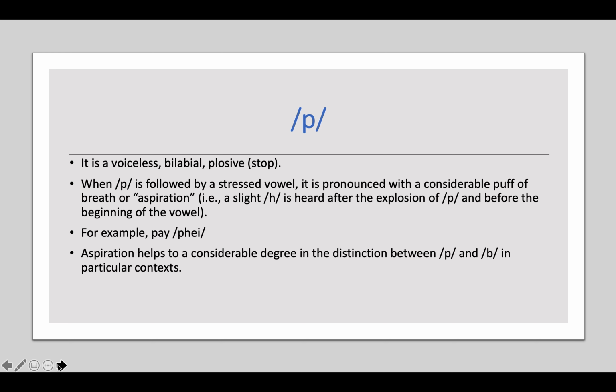For example, if we pronounce pay, it is just like we are saying hey, as if there is h between p and a. Aspiration helps to a considerable degree in the distinction between p and b in particular contexts.